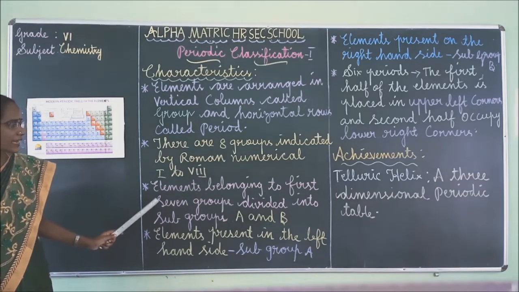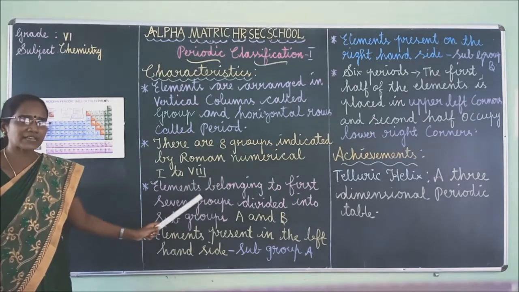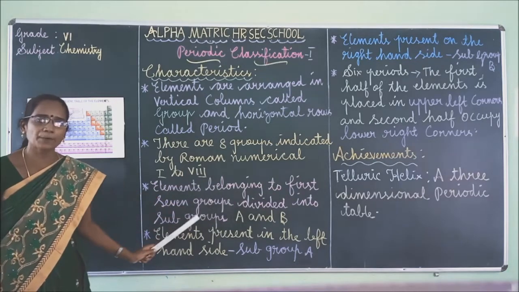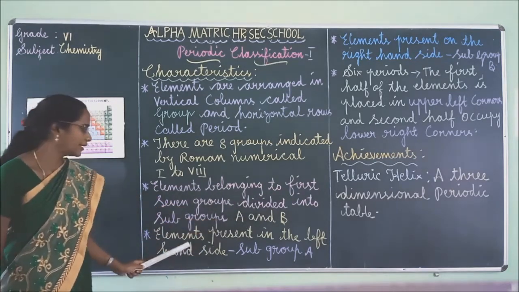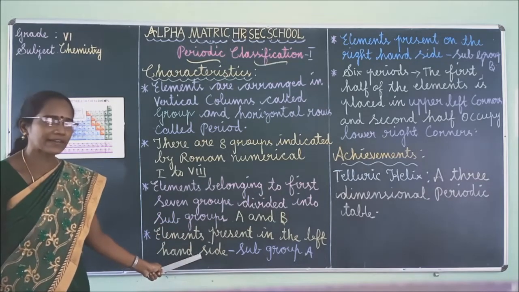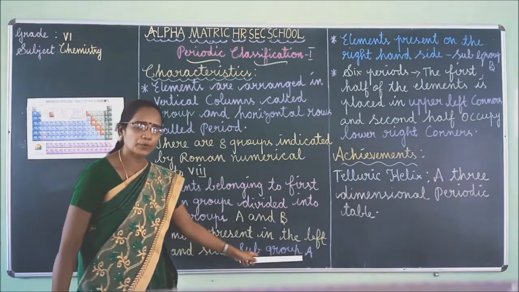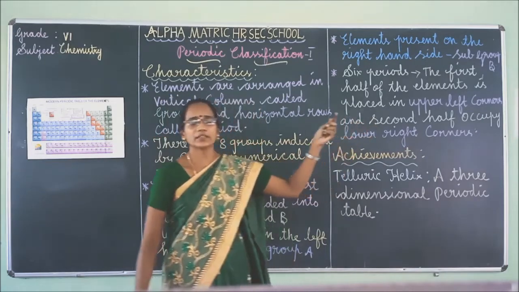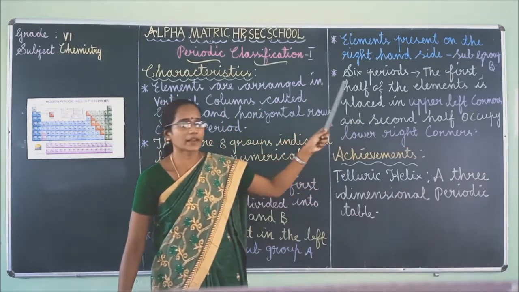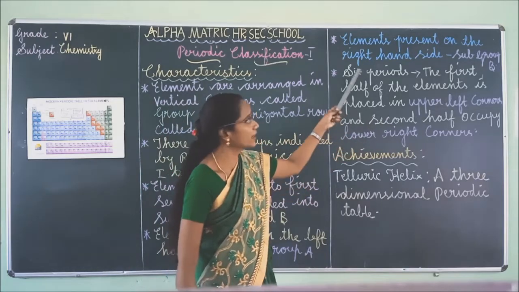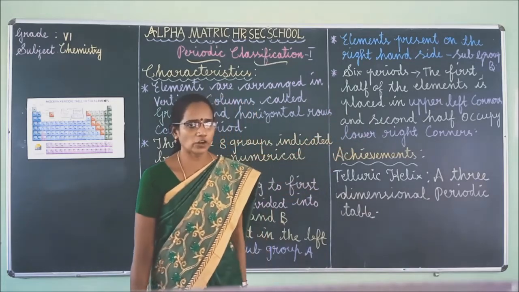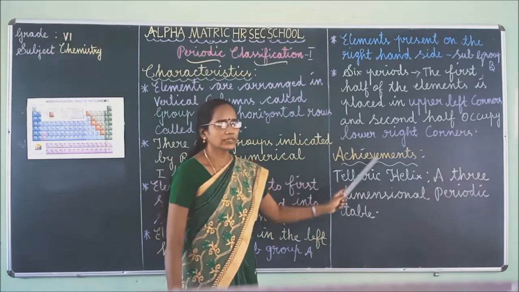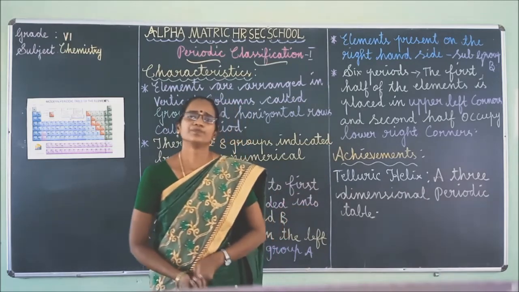Next, elements belonging to the first 7 groups are divided into subgroups A and B. Elements present in the left hand side corner are segregated into subgroup A, whereas all the subgroup B elements are accommodated in the right hand side of the periodic table, right? So these are the characteristics.